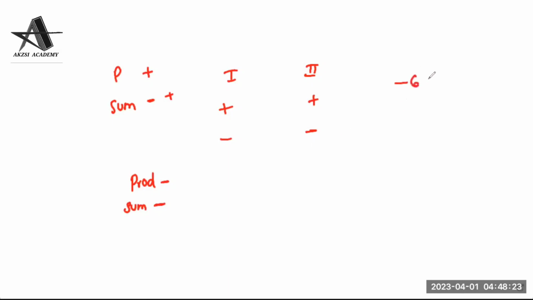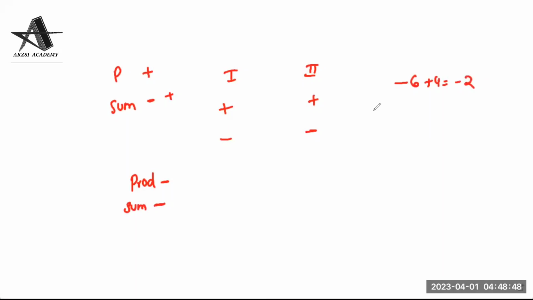If sum is negative, that means the larger number is negative. Because minus 6 plus 4 is what? Negative 2. Why? Because 6 is the larger number, and what's the sign of 6? Negative. That's why you will get negative 2. So what's happening here, when one is positive, one is negative, you will always subtract. Don't add it. Keep in mind, if one is positive, one is negative, you have to subtract. And which sign will you use?